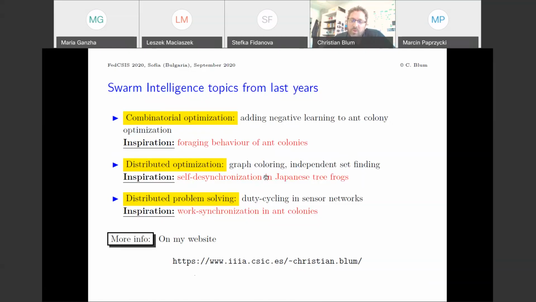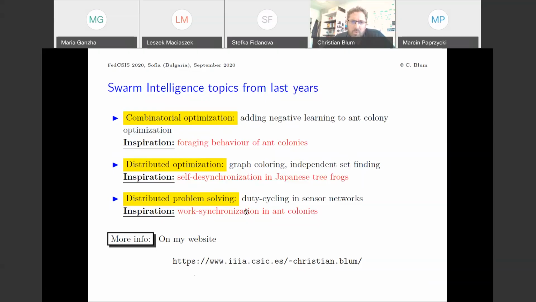However, when two male frogs would croak at the same time, the female could not distinguish the croaks, or would not know where to go. So she couldn't determine the direction. So these male frogs have a distributed way of desynchronization, and this is what we used here.